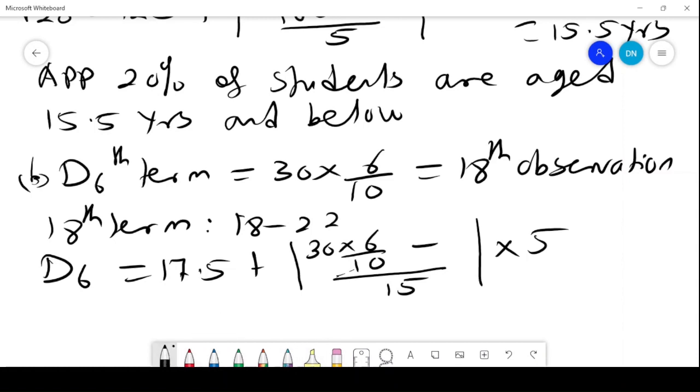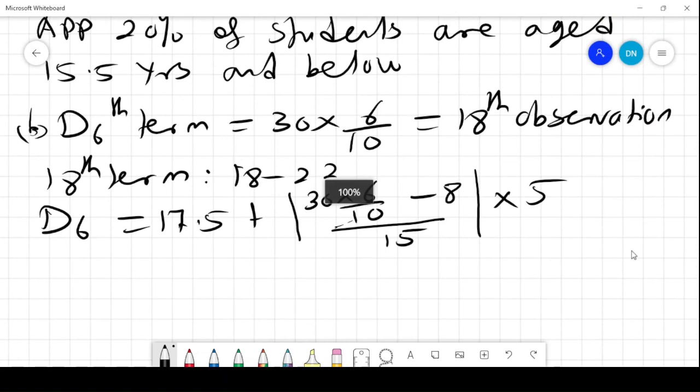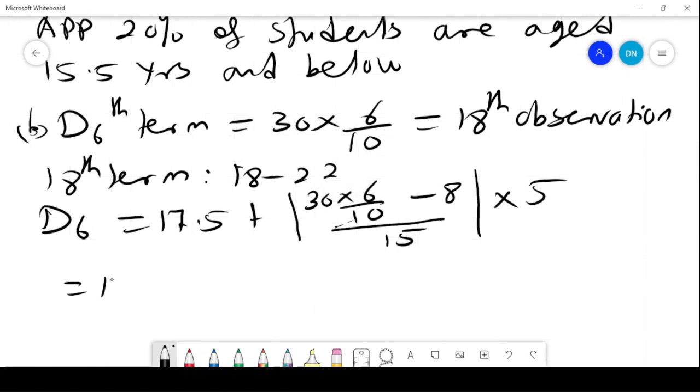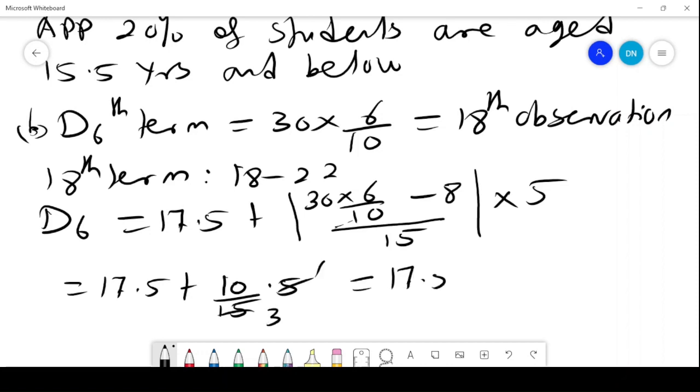8 is given by 3, the frequency of the first class, plus 5, the second class, which is 8. And therefore, this will give us 17.5 plus 18 minus 8, which is 10, over 15 times 5, which is 3.33. So 17.5 plus 3.33 is 20.83 years.